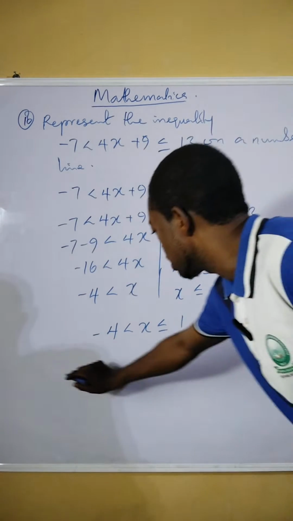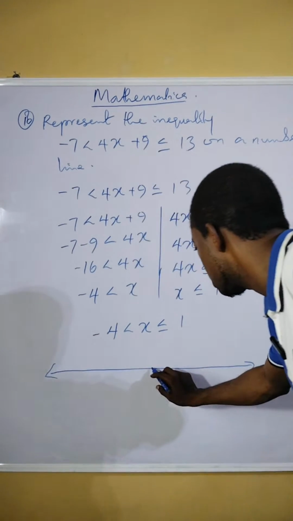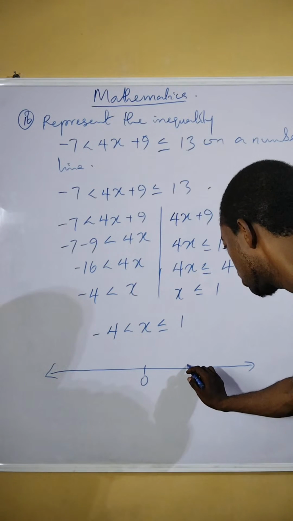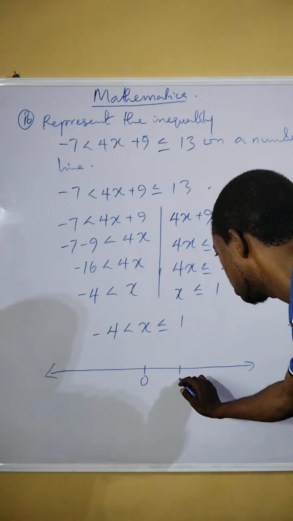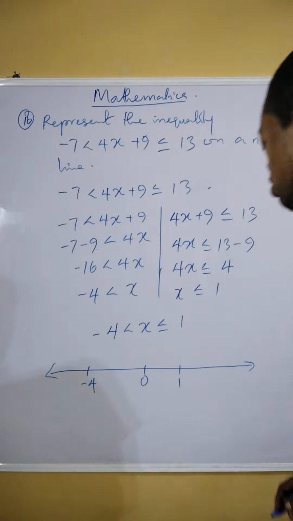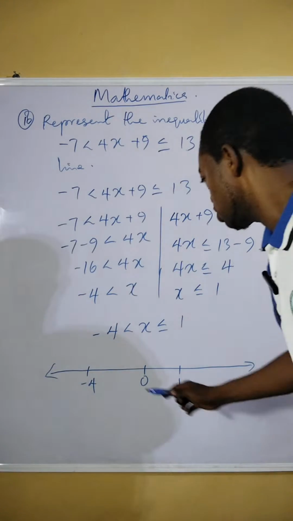Now, on the number line, we have the middle as 0. Towards this side, we have positive. So let 1 be here, and let -4 be on this side. So now, -4 is less than x.